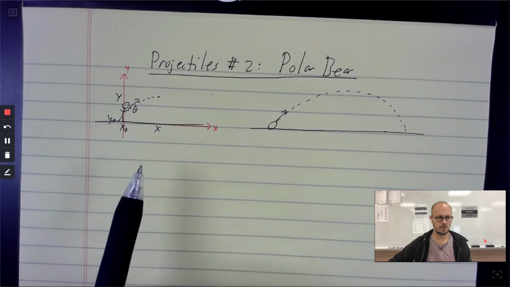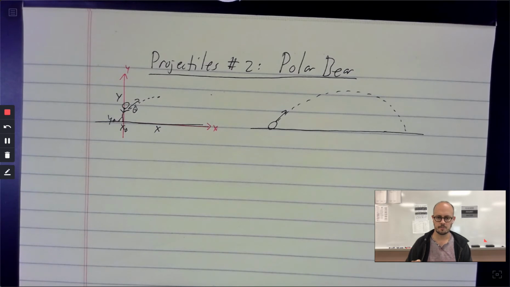A polar bear is a large creature, and you might ask, where do I measure the vertical? Maybe you would measure the starting point as the top of the polar bear's head, and the vertical would be measured from the top of its head to the ground. You could also do the same thing with the polar bear's feet, or paws.